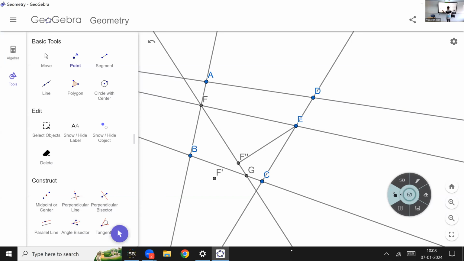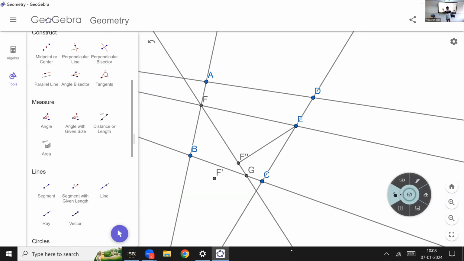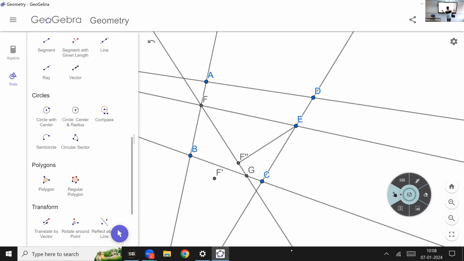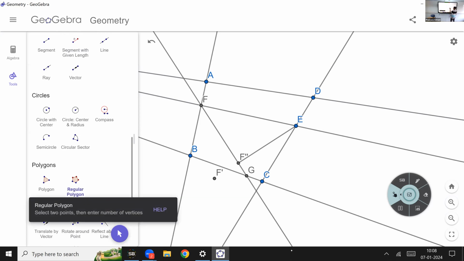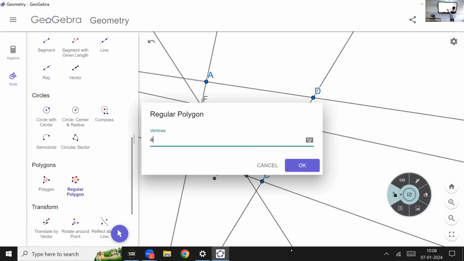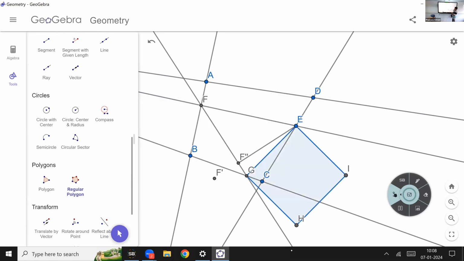So if I just directly construct the square, I have a square tool. I should choose E, then G. So I constructed the square and you see how nicely the third point is landing on my third side.